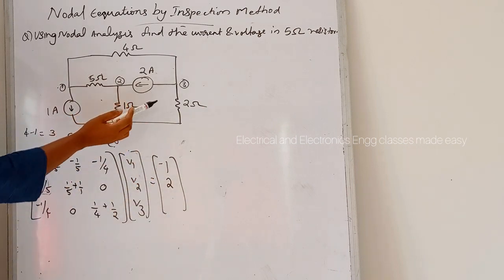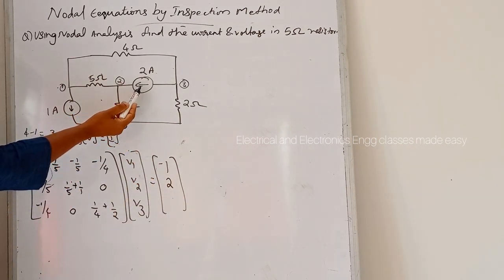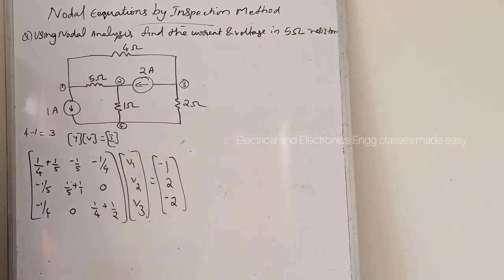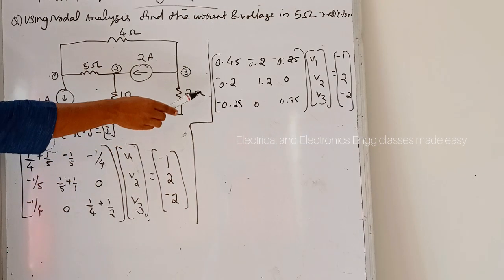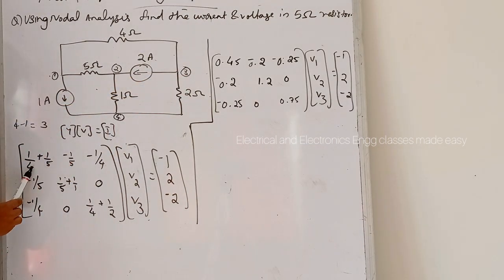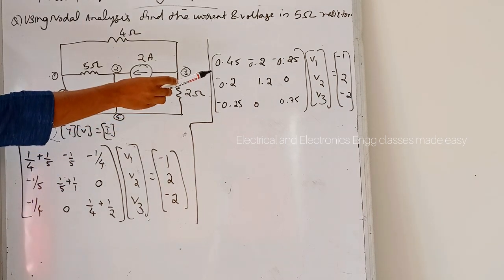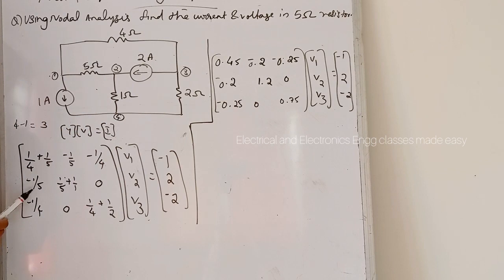Then to the node 3, this 2 ampere current is flowing away from the node, so it is minus 2. So this is the matrix form. So after rearranging, we can write in this way, that is, this is 0.45, minus 0.2, minus 0.25, minus 0.2, 1.20, minus 0.25, 0, then 0.75.